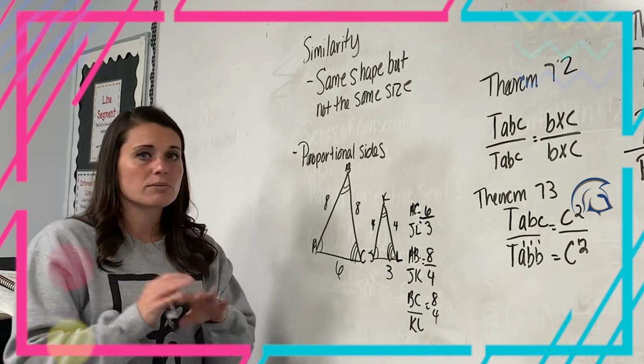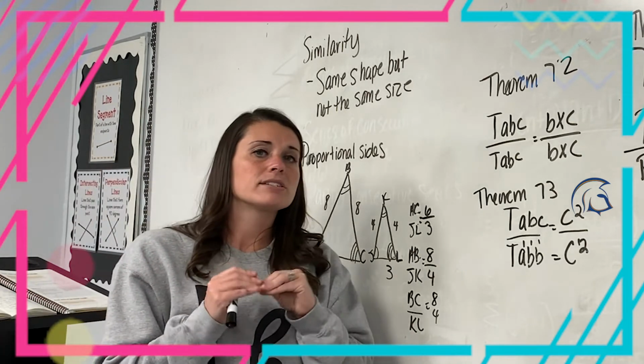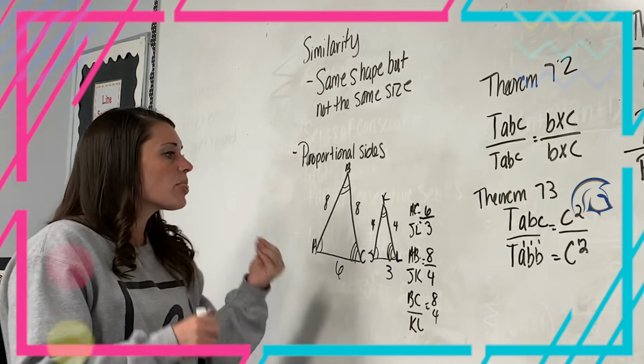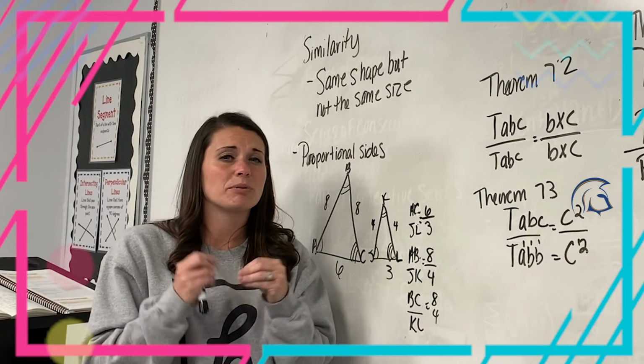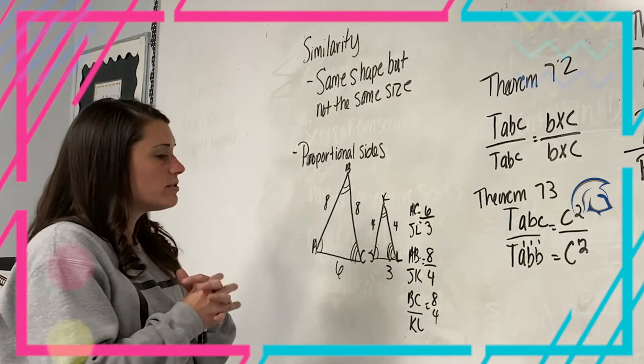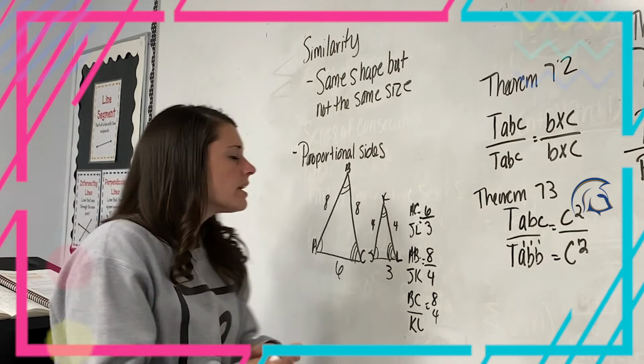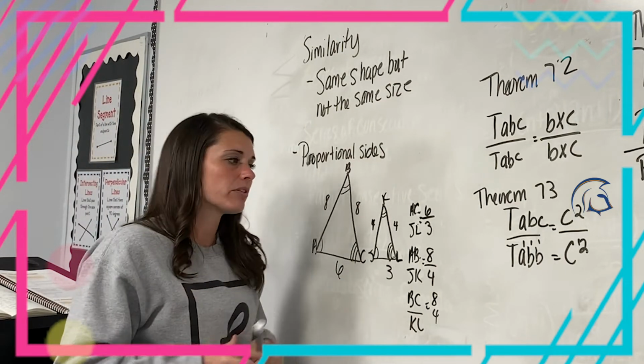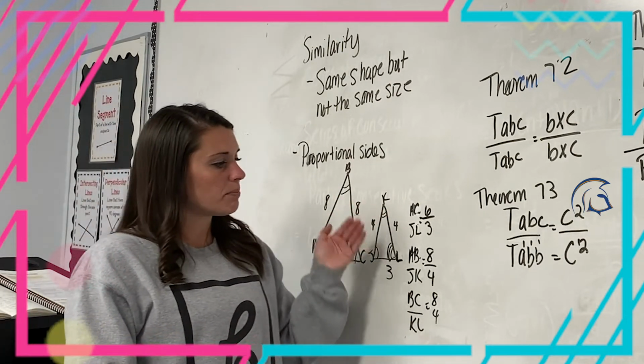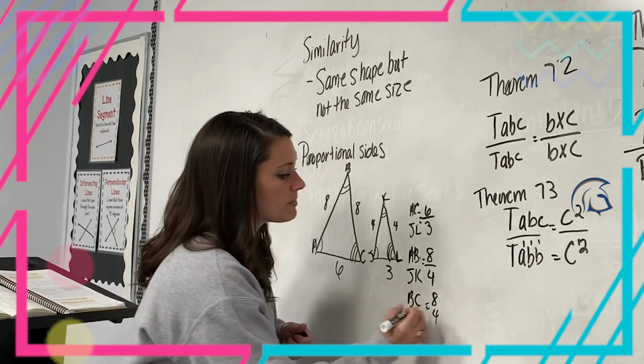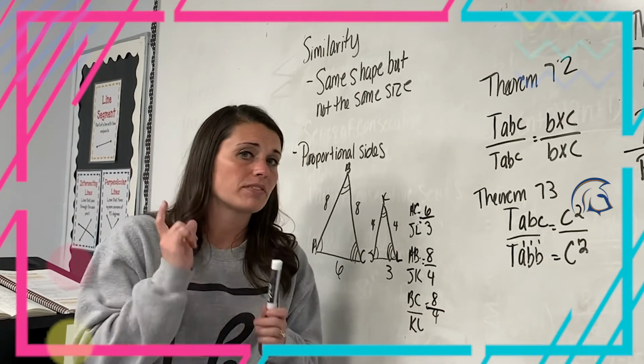And so those are my corresponding sides. Now here's the thing about similar shapes. The corresponding sides have to be proportional. So what you do in order to prove that these two shapes are similar is that you set them up like proportions, and you have to be sure that all of them are the same.